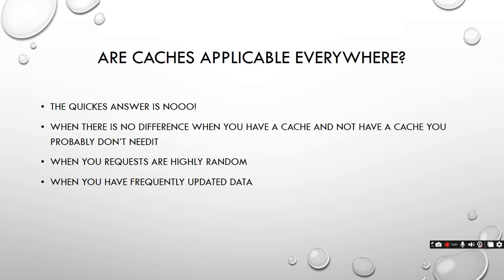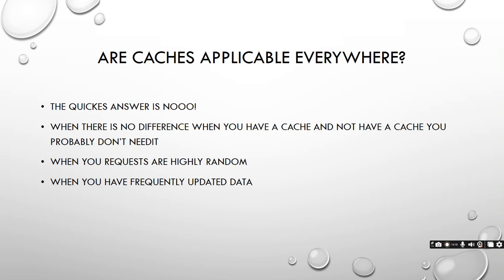And then caches mostly store data that does not frequently change. When you have data that is highly random, it means that your cache will always be updating. You'd rather have something constant in your cache so that you don't have to keep updating it, because otherwise the cache becomes just some sort of different database.